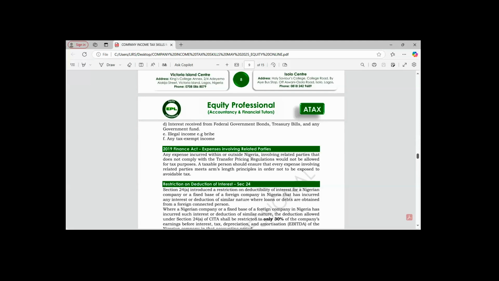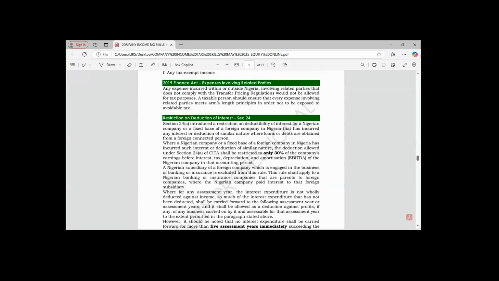Where a parent company is borrowing their subsidiary's money, any interest on that money will be restricted to 30% of EBITDA. Not the total amount of interest will be allowed in that year, according to section 24 of CITA. Only 30% of EBITDA will be allowed as the allowable interest in that year of assessment.